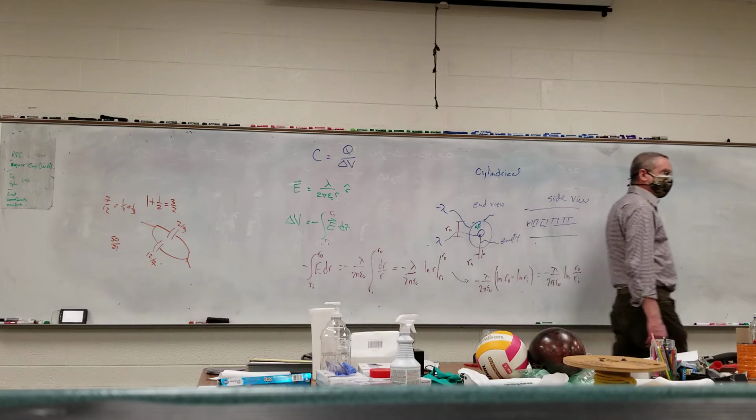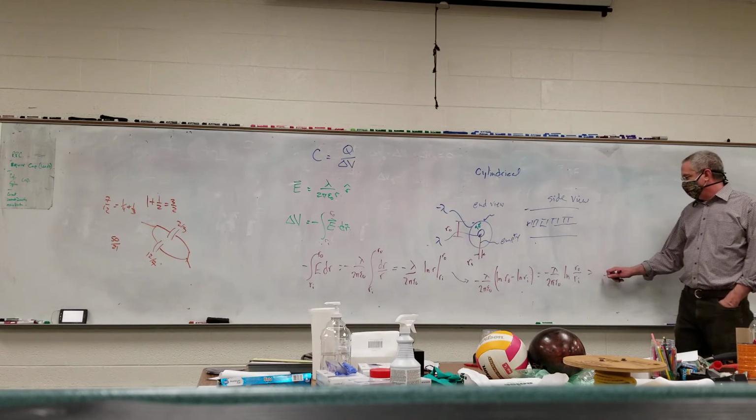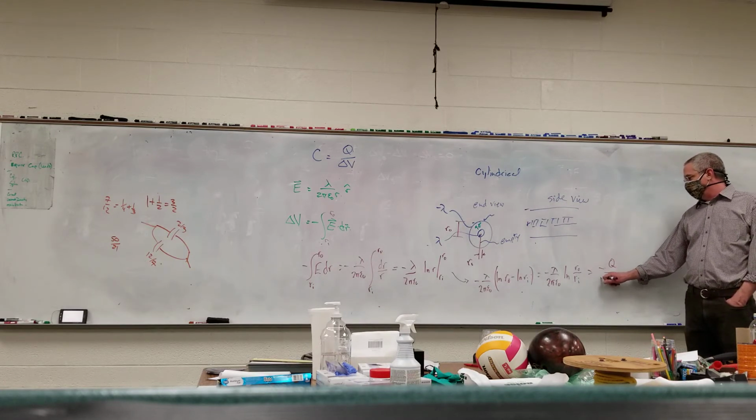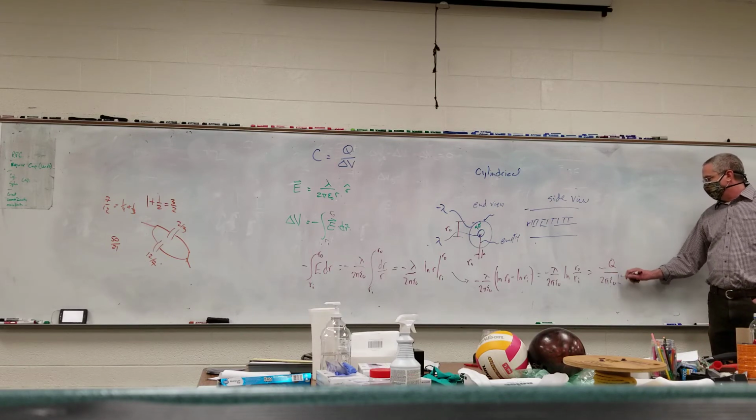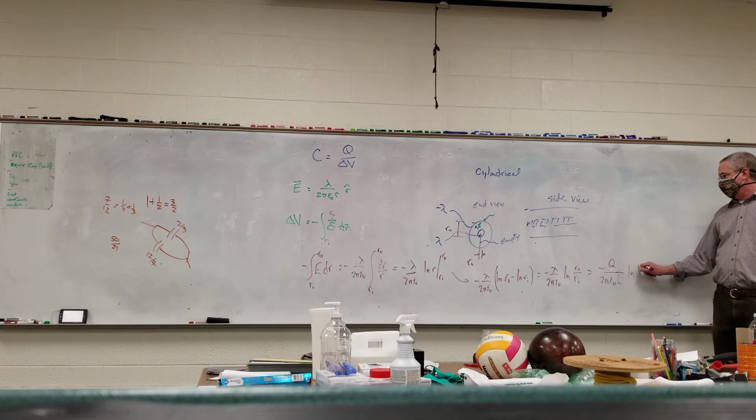Lambda is my charge per unit length. So negative Q over 2 pi epsilon sub naught L times natural log of r outer over r inner.